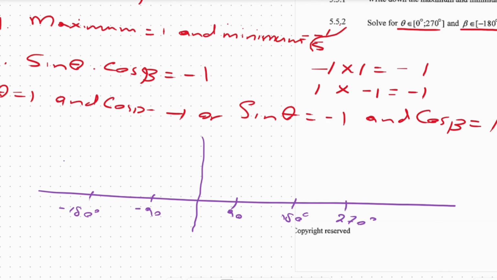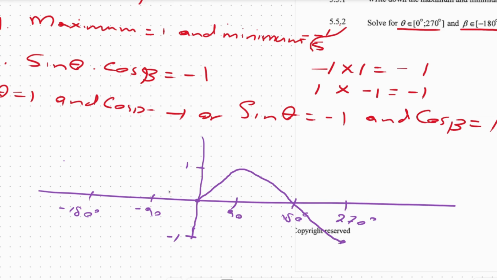So sine is going to go from 0 up to 1, and down to -1. Sine goes up, then comes back, then stops there at 270.